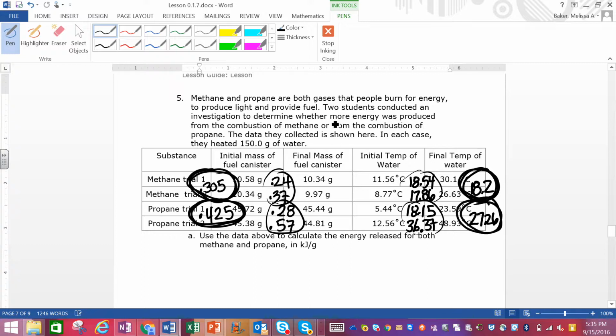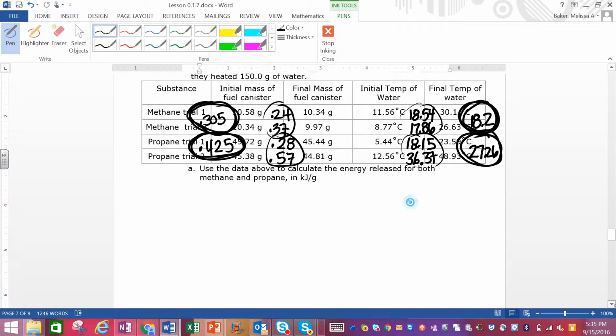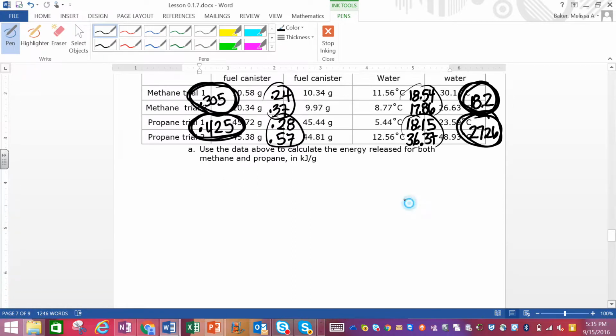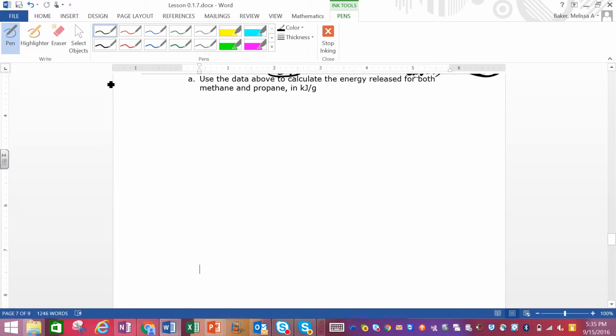All right. Let's figure out how much energy was released for both of these in kilojoules per gram. I'm going to sketch a little picture of what we've got going on here. We've got a can with 150 grams of water in it, and we're burning methane first underneath this can.